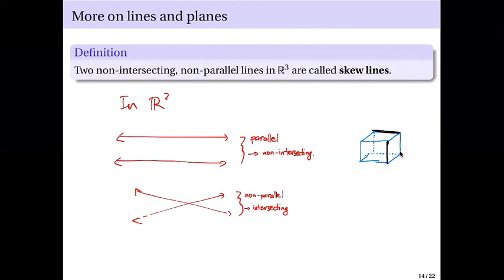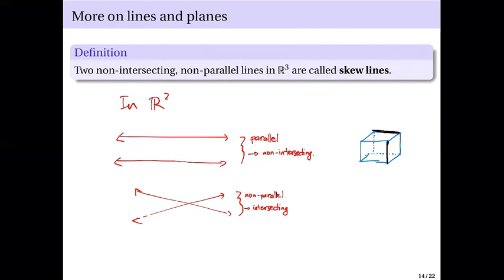But for this pair and this pair, they are non-intersecting and also non-parallel. So these two pairs are called skew lines.